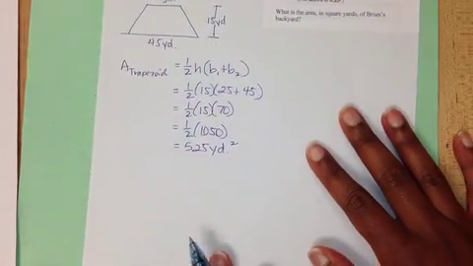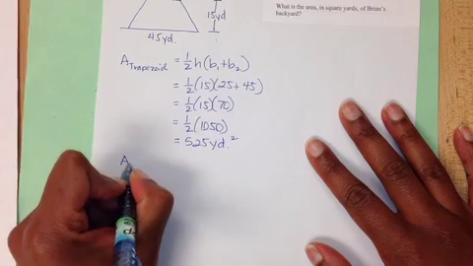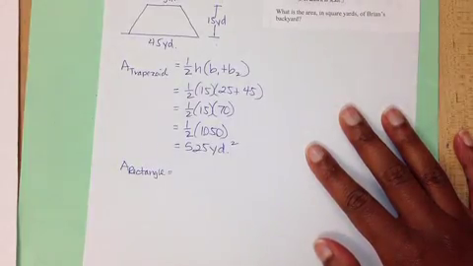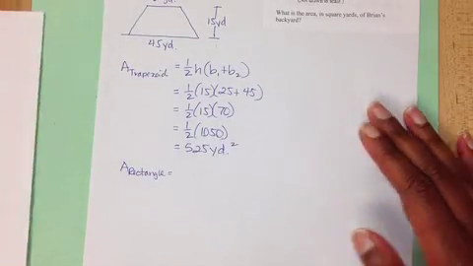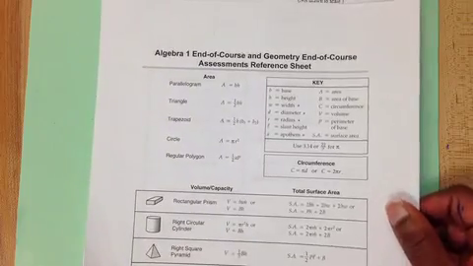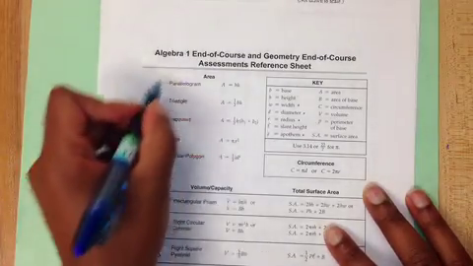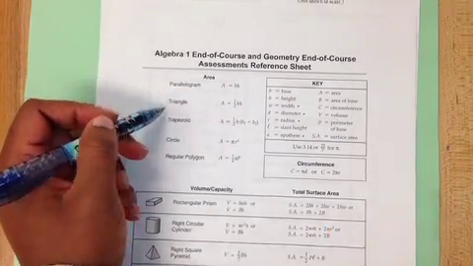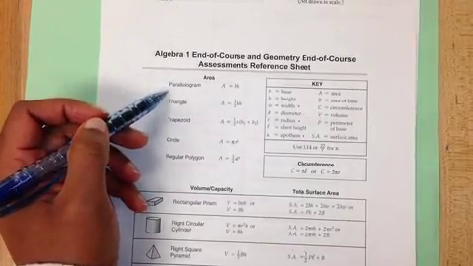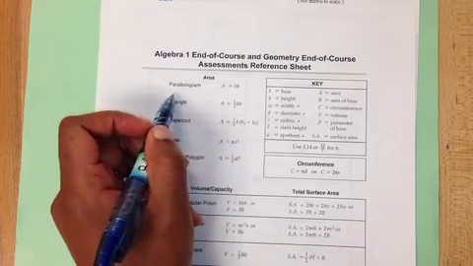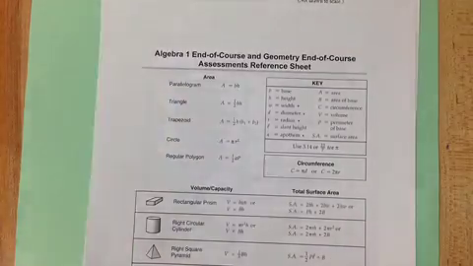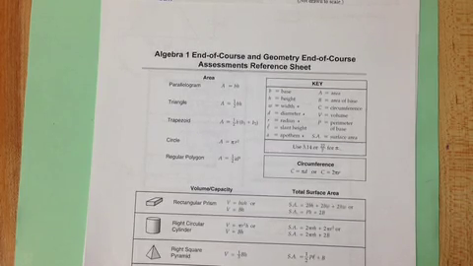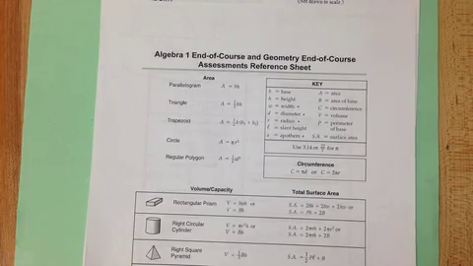Remember, we had two parts. So I'm going to come down here and label area of the rectangle. So once again, we can refer to our reference sheet to find the area of a rectangle. So we're going to come to our area section and try to find rectangle. But as you can see, rectangle is not actually listed. We have something in place, which is called parallelogram. So referring back to the vocabulary that you learned at the beginning of the school year, you can recall that a parallelogram has two pairs of parallel sides.